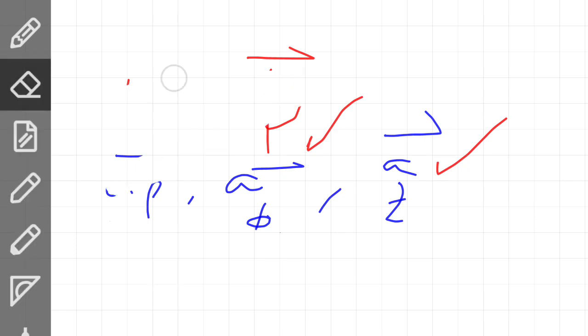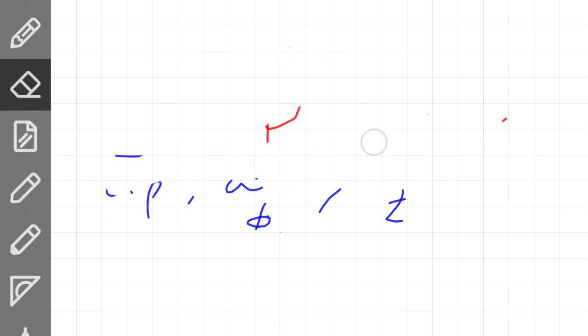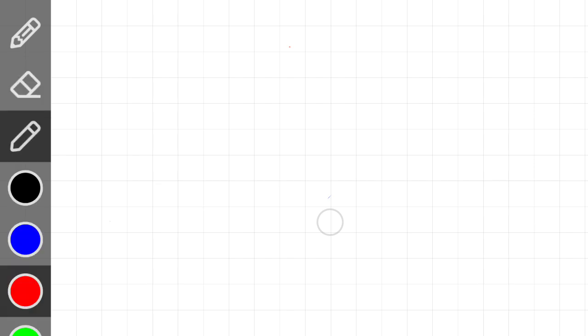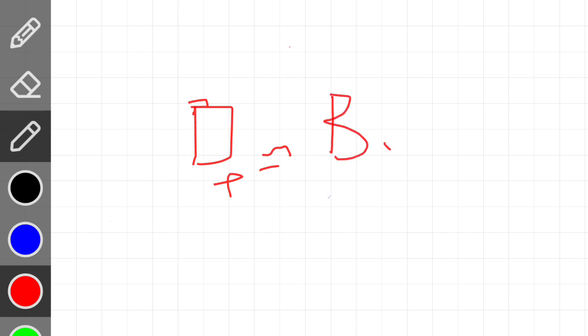So let us calculate the component of this vector along the unit vector a rho. The component of this vector along the unit vector a rho will be equal to B dot a rho. This will be the component of this vector along the unit vector a rho.